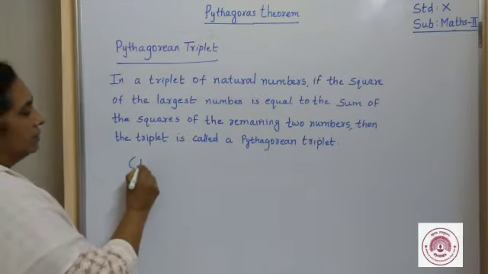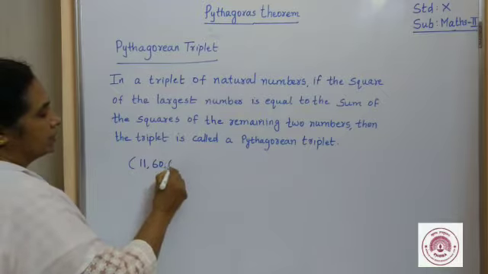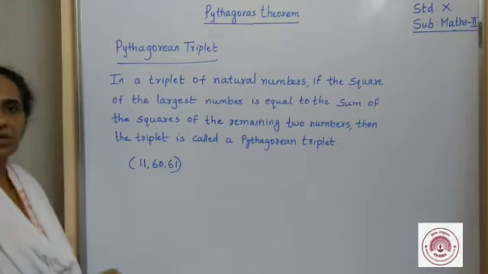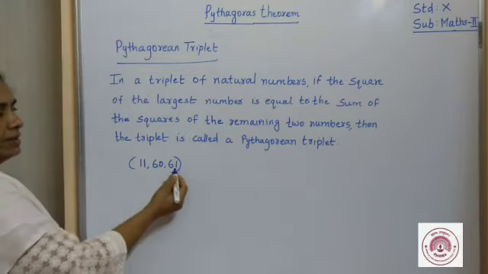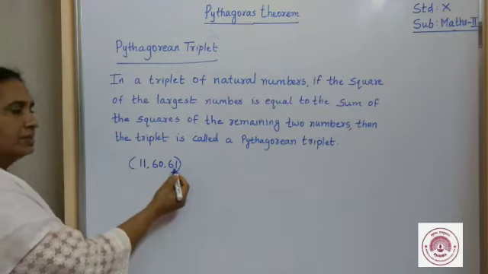check whether the triplet 11, 60, 61 is a Pythagorean triplet or not. Here, which is the largest number? 11, 60, 61. The largest number is 61.